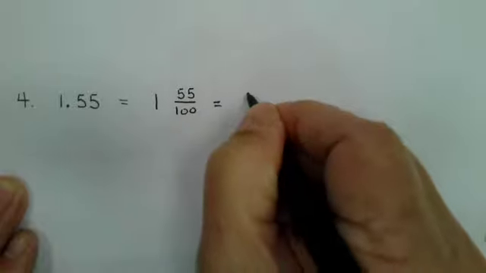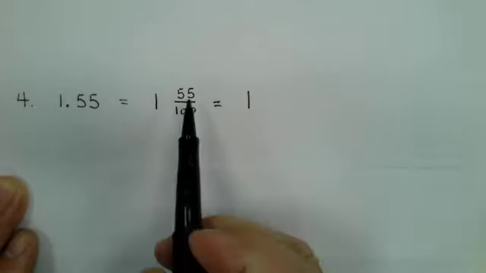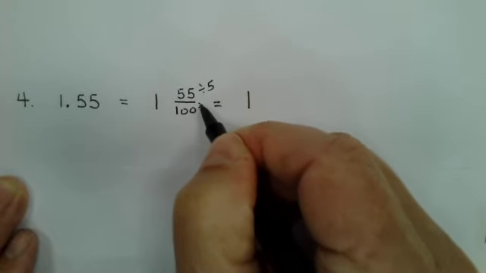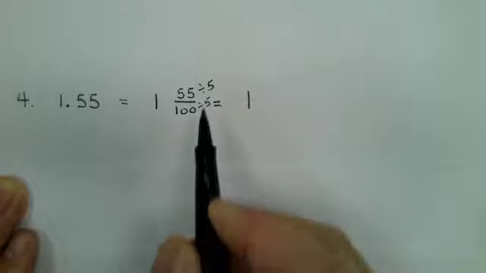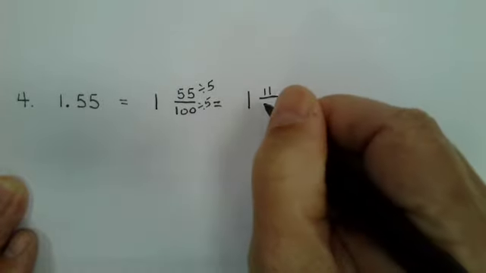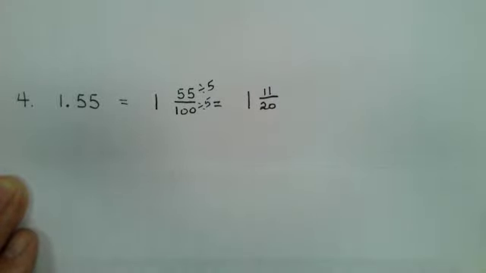Then I need to reduce the fraction part. Again, I could use my calculator and divide each one of these by 5. 55 divided by 5 is 11. 100 divided by 5 is 20. 1 and 11/20 is the same thing as 1.55.